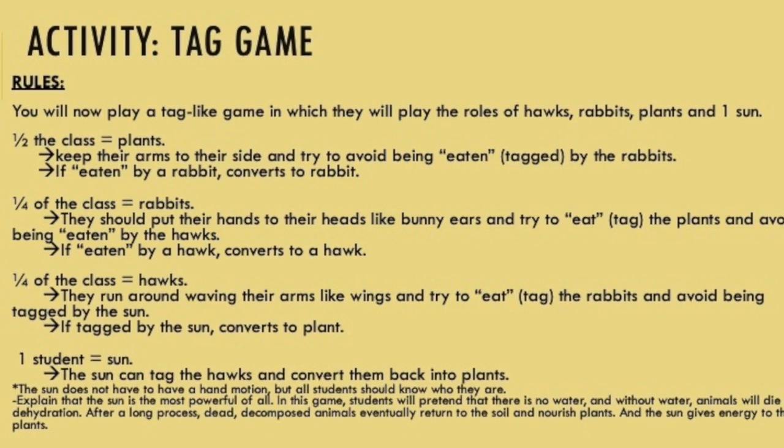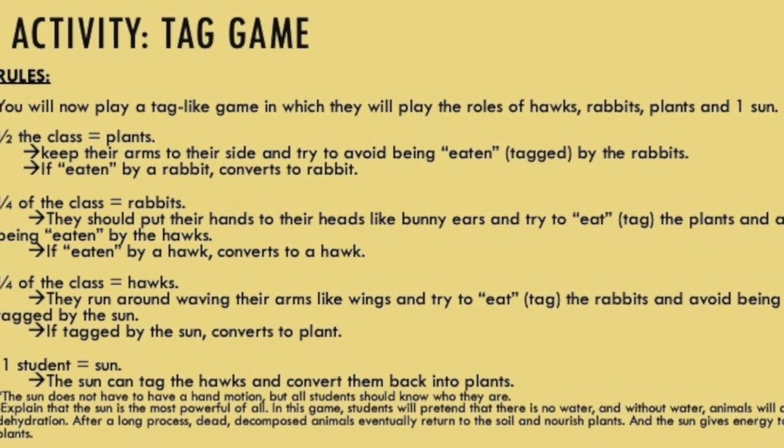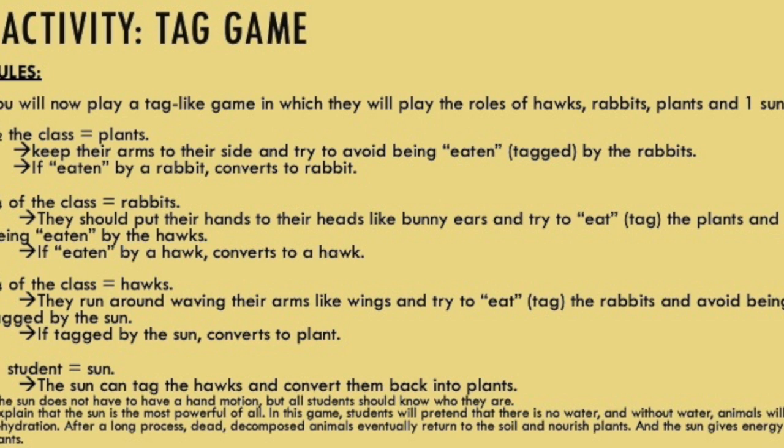So they're going to play a tag-like game, and they're going to be playing roles of hawks, rabbits, plants, and one sun. I'll assign about half of the class to be plants, and I'll talk about what they'll do in a minute.